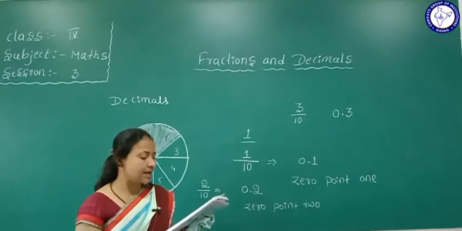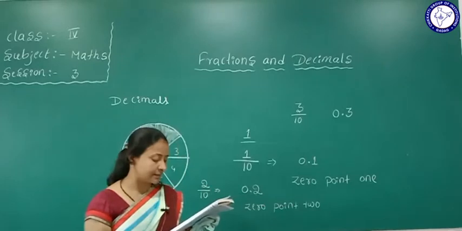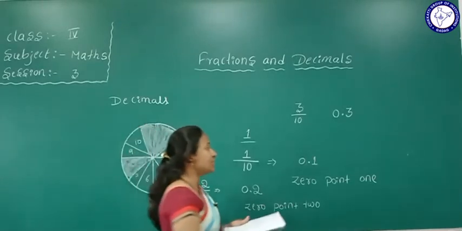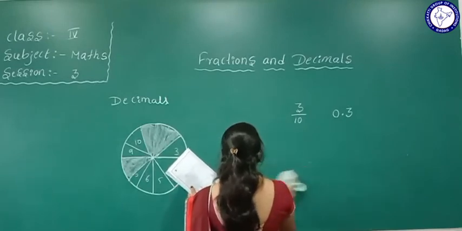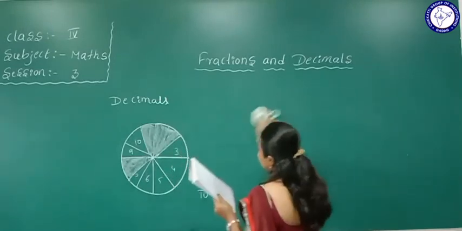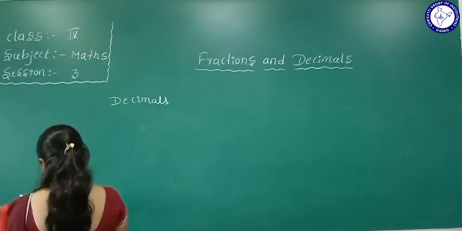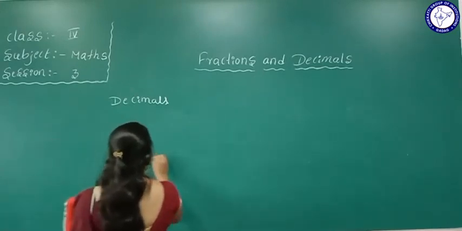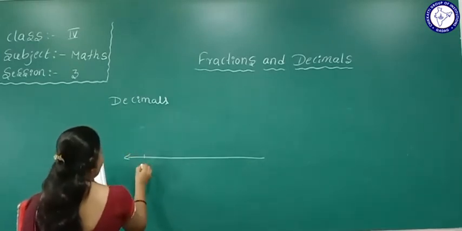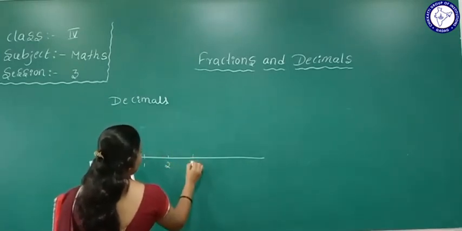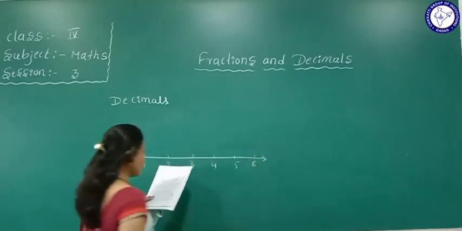Okay, let us learn how to represent decimals on a number line. See this scale. We'll take a number line: 1, 2, 3, 4, 5, 6 like this.